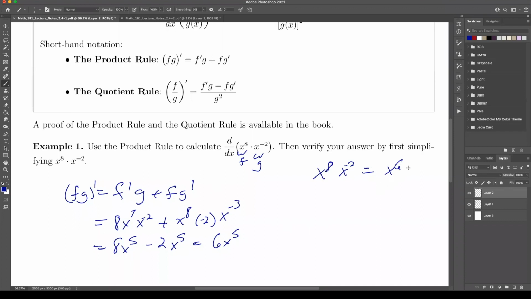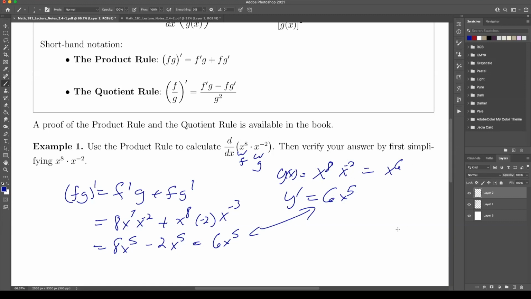Let's say this is some function y of x equal to this. So the derivative of y would just be 6x to the 5th. Okay. And so notice here we get the same. So we can simplify and do it, or we can just go for it and do the product rule.